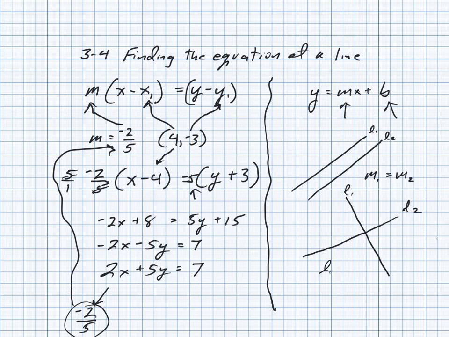If line 1 had a slope of -2/3, line 2 would have a slope of 3/2. Again, what's going to happen is we take the opposite, we flip it, and we take the opposite to get the perpendicular slope. And I will apply that to a couple quick questions and give you guys a chance to practice these in a second.